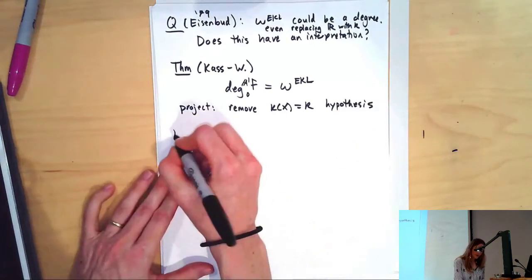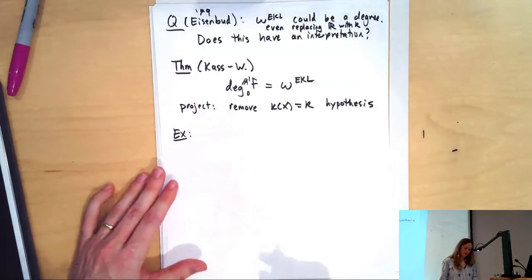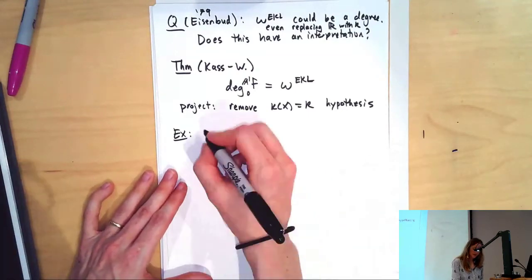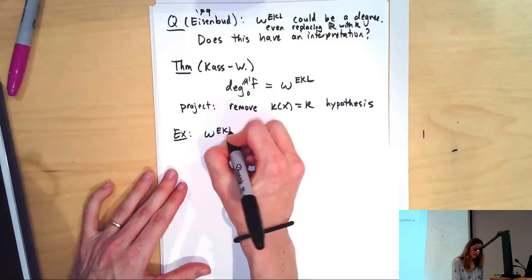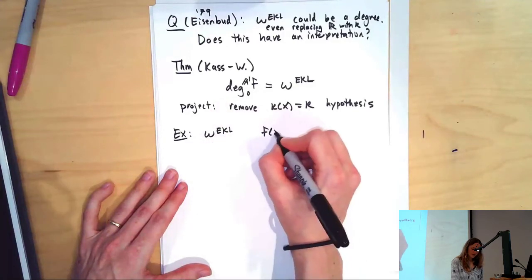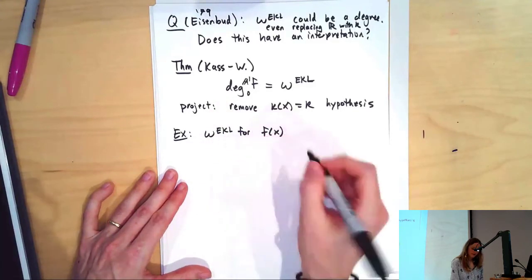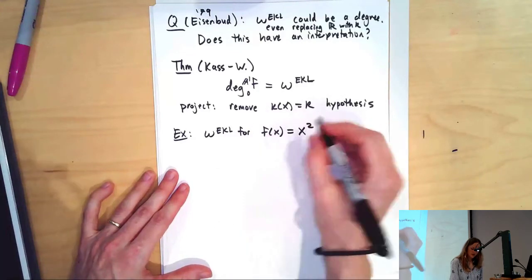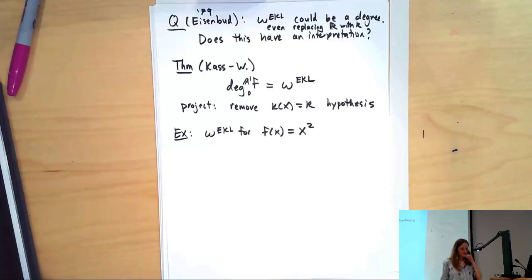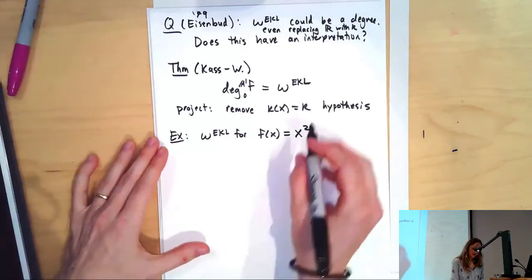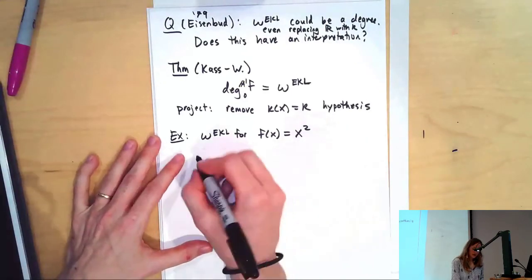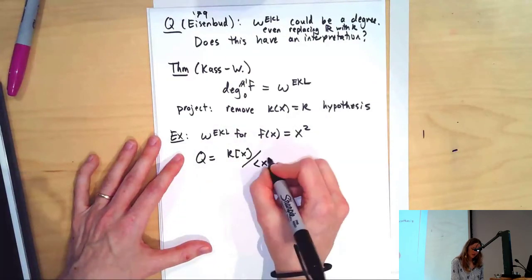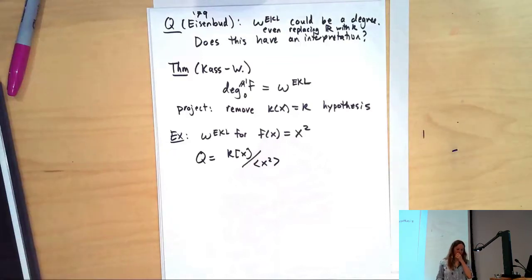So let's do an example. Let's compute this form, omega EKL, of the map f(x) equals x squared. So we make our Q. We have K[x] over x squared.